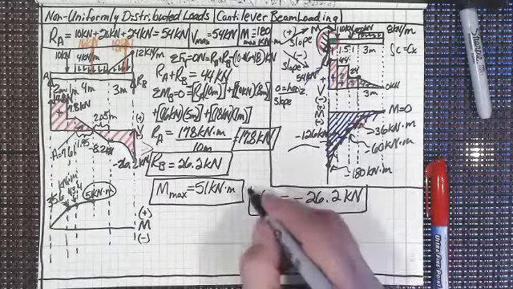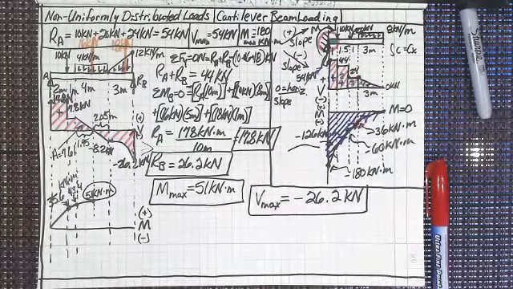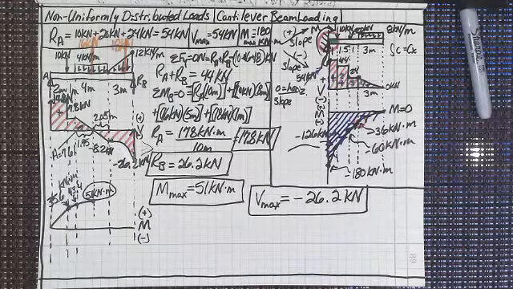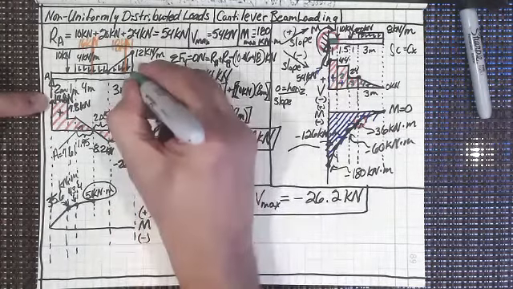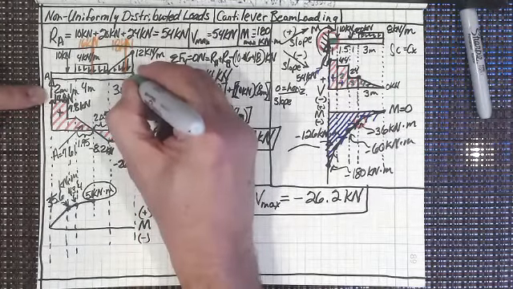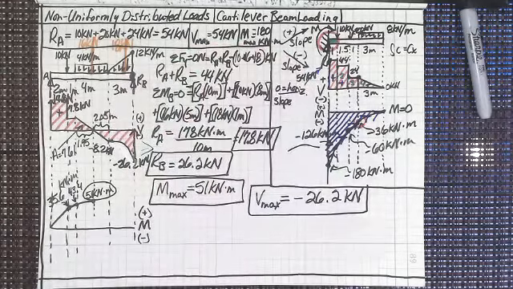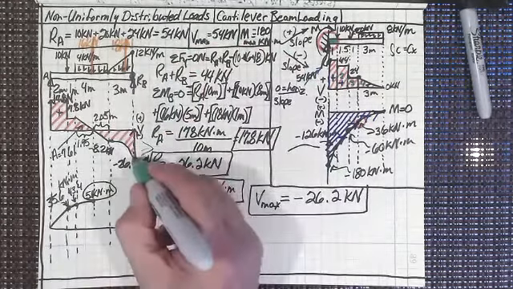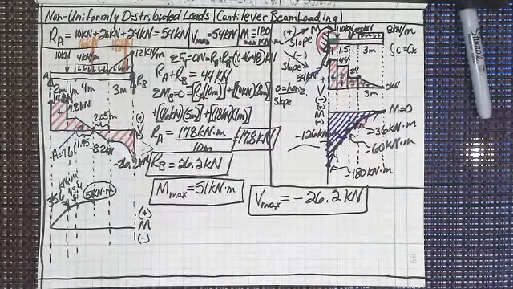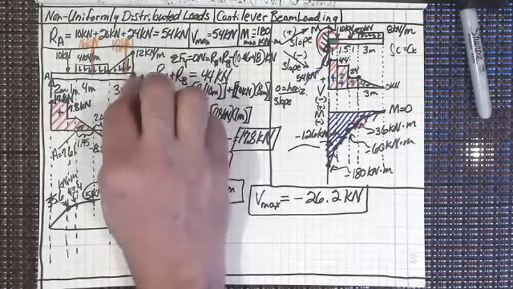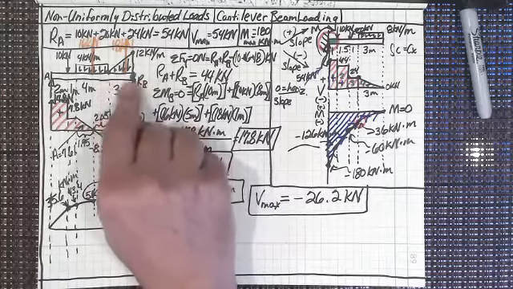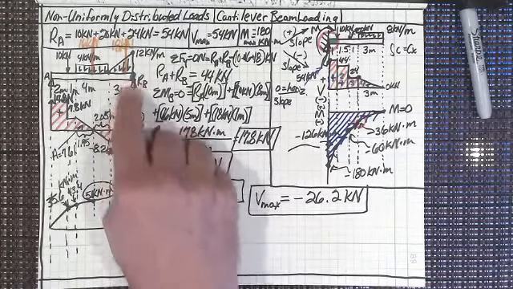We know V max, so we can figure out what our shear stress is. Where is our maximum shear stress? We usually do that in green, don't we? So our maximum shear stress now is going to be right here. It's a single point right here where minus 26.2 is, right? So right there is where our maximum shear point is going to occur. It's not a region anymore, it's just a point.